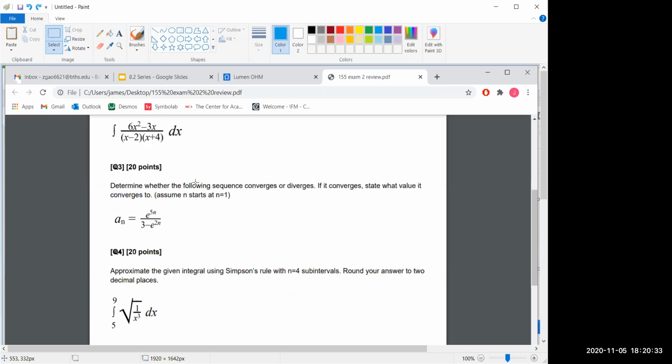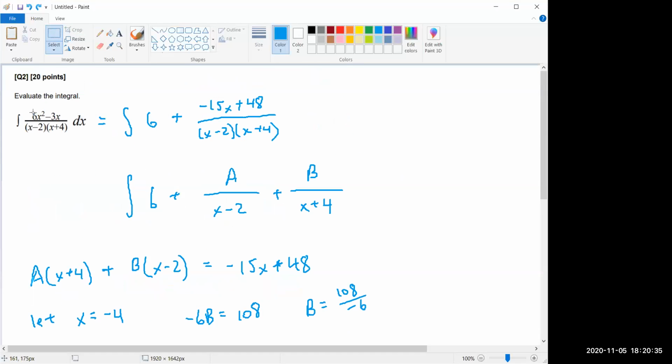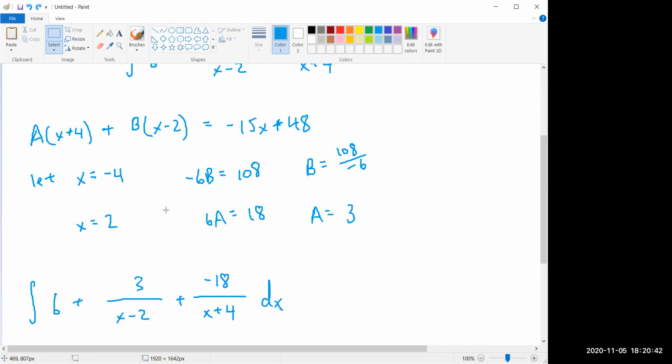You could have pulled a 3 out of the integral. Oh yeah, we could have done that. That would probably change your a and b values, but your final answer should be the same.